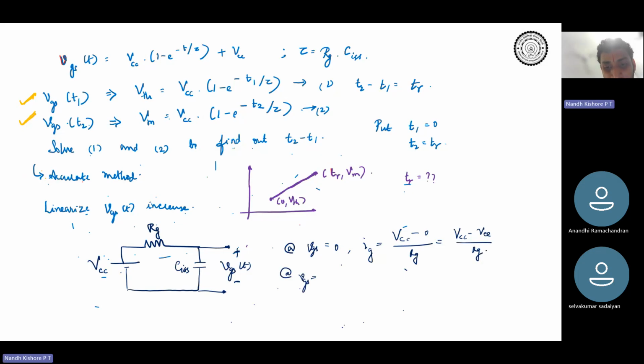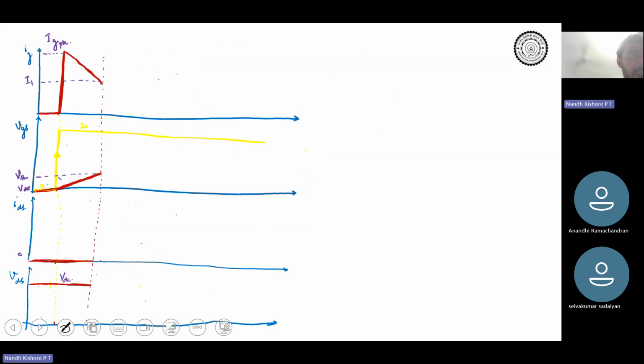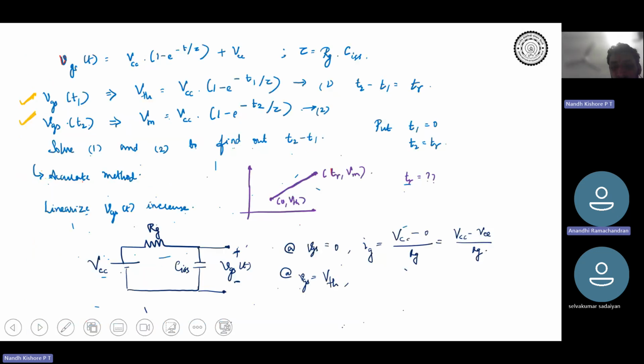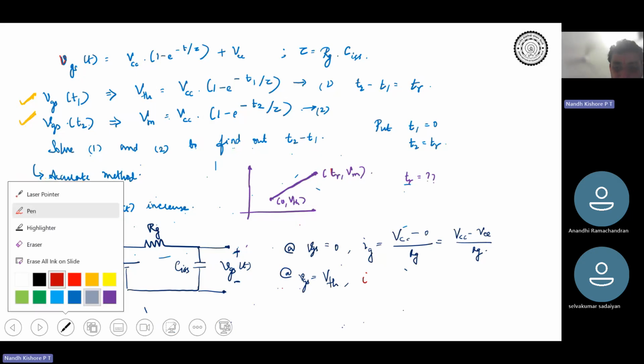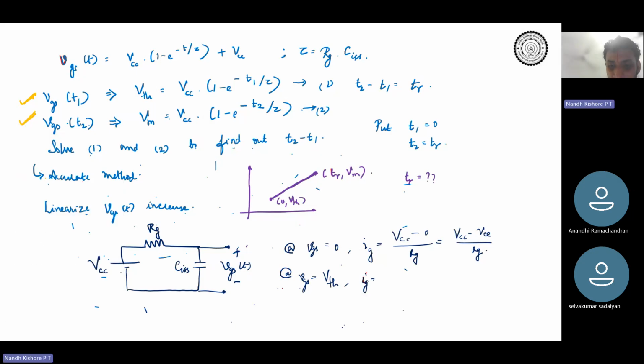At VGS equal to V threshold, this is the point. I1 is the point at which VGS is equal to V threshold. So your IG at that point is going to be VCC minus V threshold by RG.